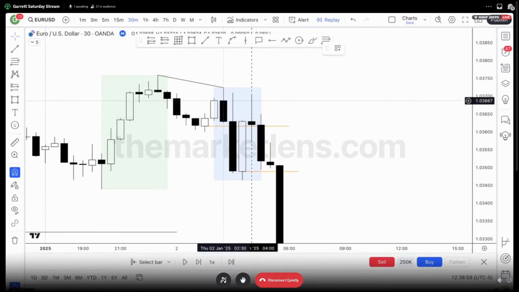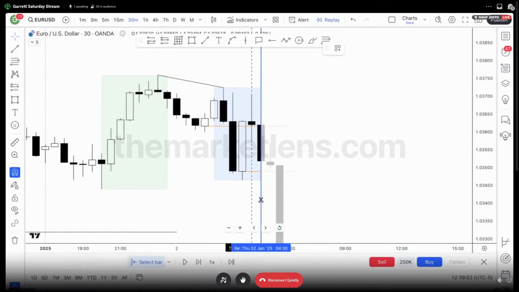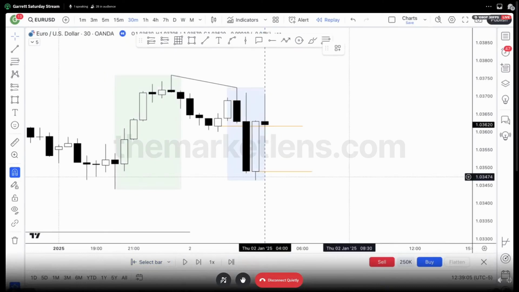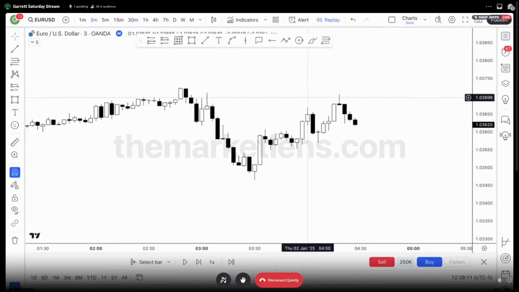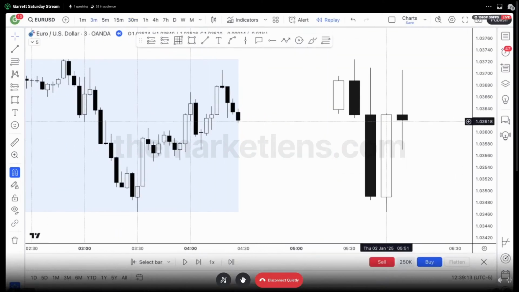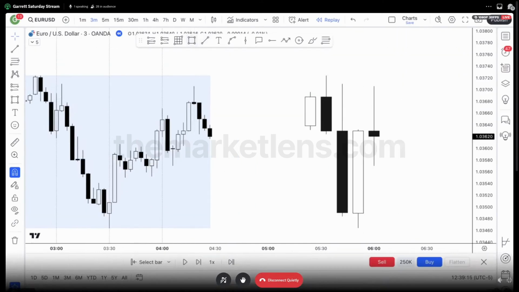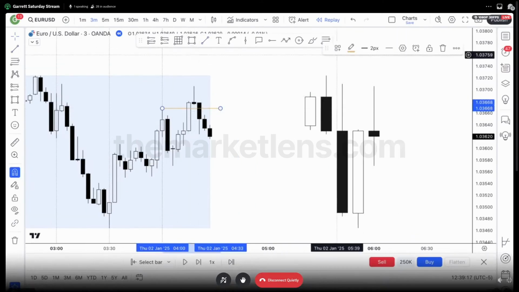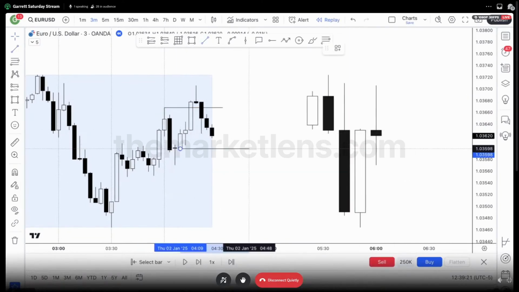We have an opposing candle, a 30-minute closure right here. You see that? So this is valid. So look on the lower time frame what we have here. Do we have the reversal within this candle too? No, not yet. We need to close over this to create an intracandle chain state.